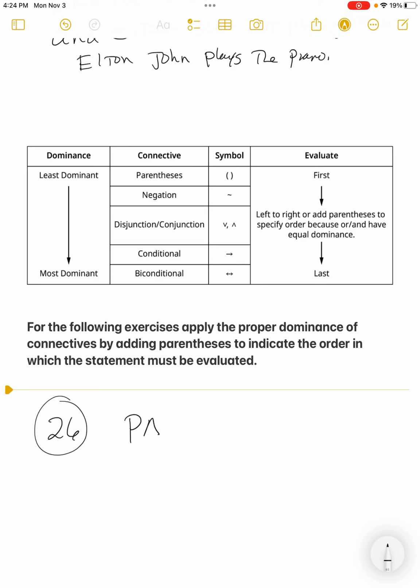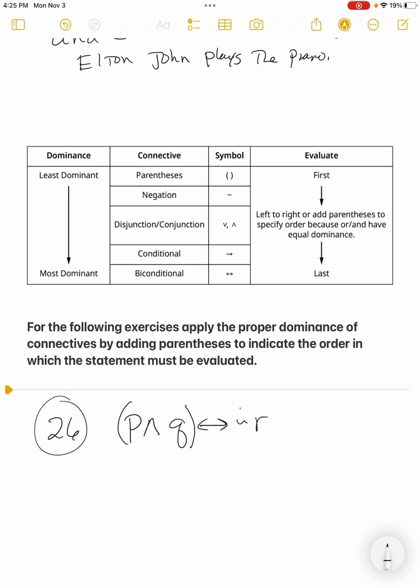In 26, they have P and Q if and only if the negation of R. So if we're going to do this, we recognize that biconditional is the last thing. So if we're going to put in parentheses, what the computer's going to do, or what we're going to do, is we would have to do the and statement before we ever did the if-then statement.